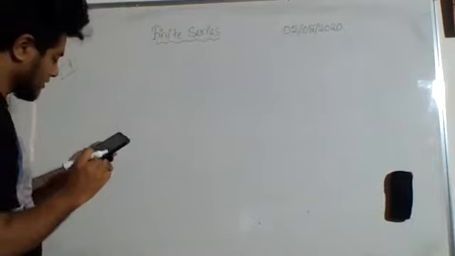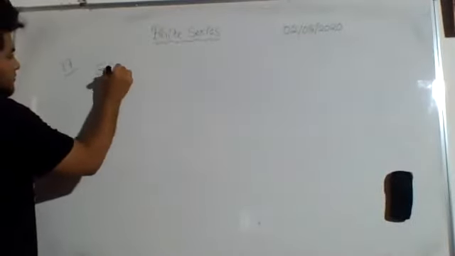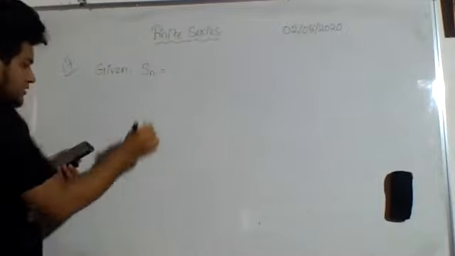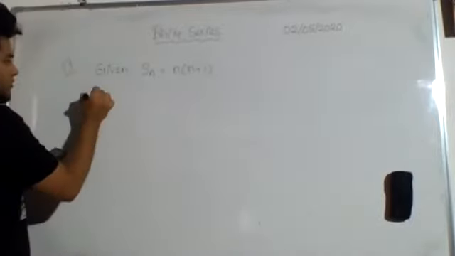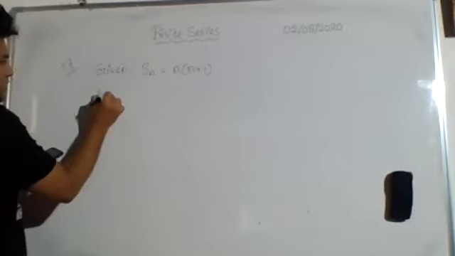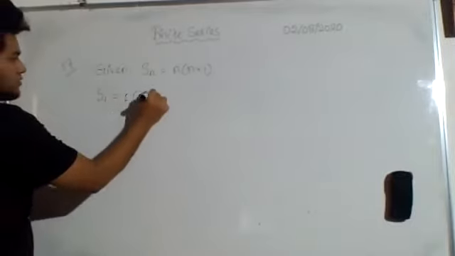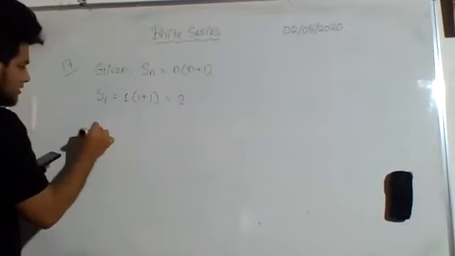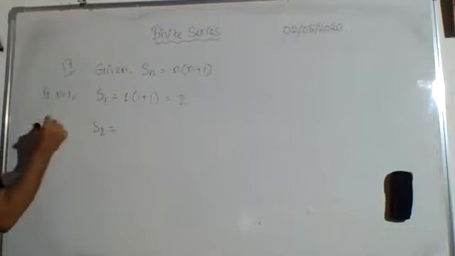So question number 17 says that the sum of first n terms is given. Sum of first n terms means Sn is equal to n into n plus 1. So from here we can write S1 is equal to 1 into 1 plus 1, which is 2.